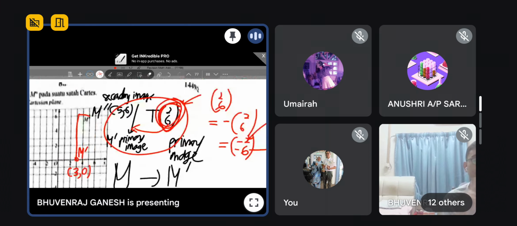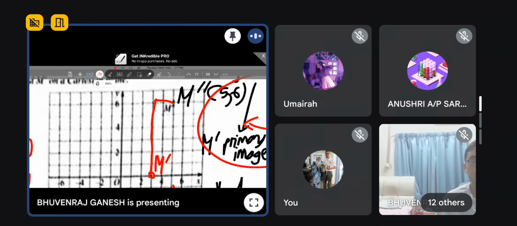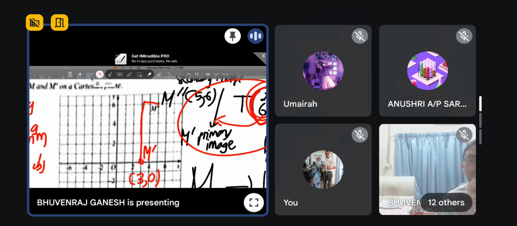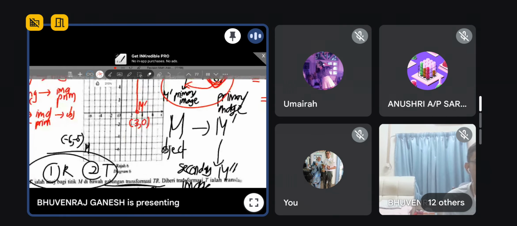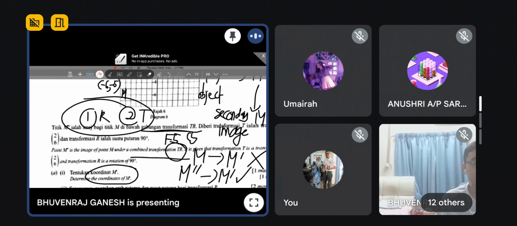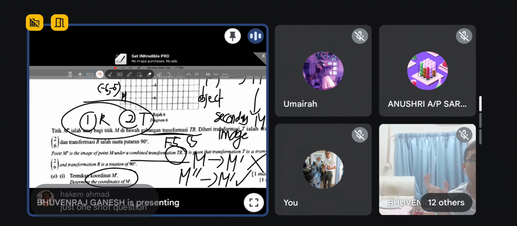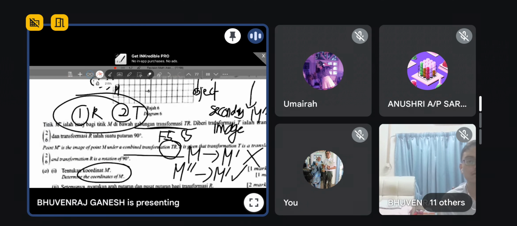Okay, tak perlu. Direct give the answer. Kalau kamu nak, kamu boleh conteng. You can draw on this diagram untuk menunjukkan kepada mereka. Okay, guys, are you clear with question A1? Coordinate? Okay, but you must understand the concept. It looks easy, but a lot of concept behind it. Kamu kena faham konsep dia.